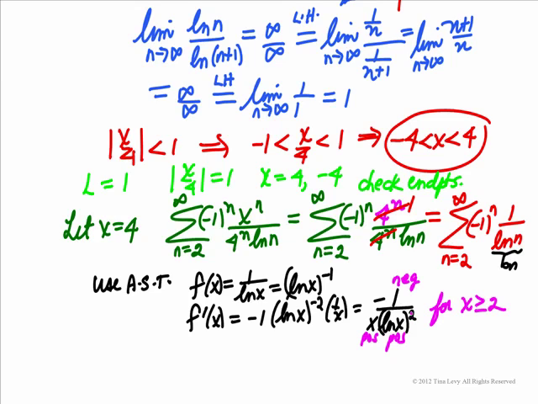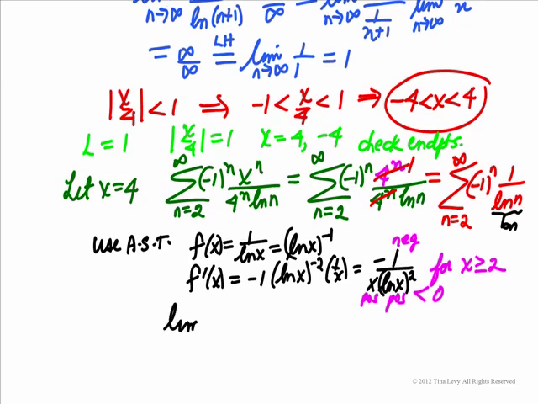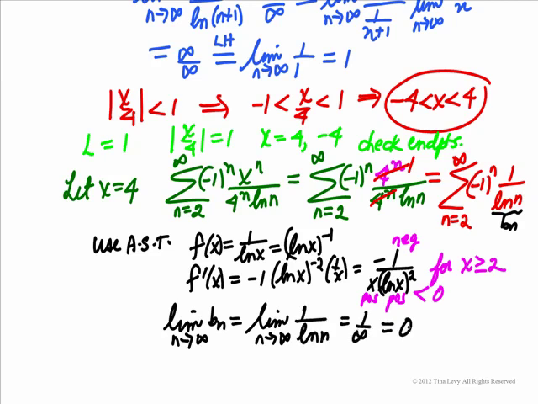So we now know that this is decreasing. The last part of the alternating series test is that the limit as n approaches infinity of b sub n, which is the limit of 1 over log n, is 1 over infinity, which is 0. So we know that this alternating series, when x was 4, converges. What that tells us is that I can put an equals here for the 4, because I know with x being 4, at that endpoint, it did converge.